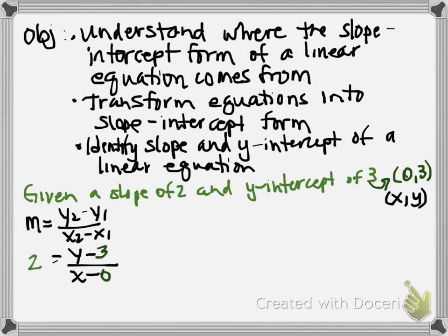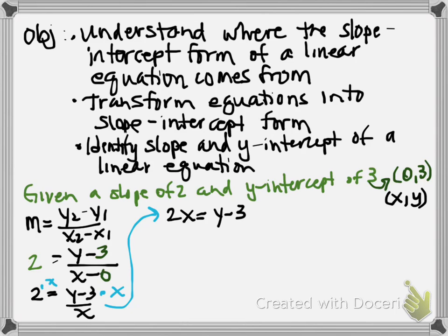So we've got 2 equals y minus 3 over x. Then we said, let's multiply both sides by x. And if you are running out of room, you can just draw an arrow and start back up at the top in the next column. And we get 2x equals y minus 3.